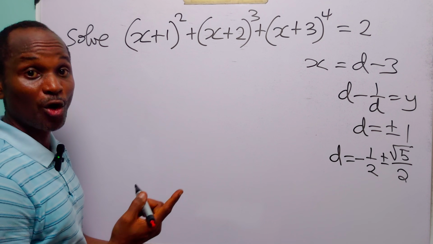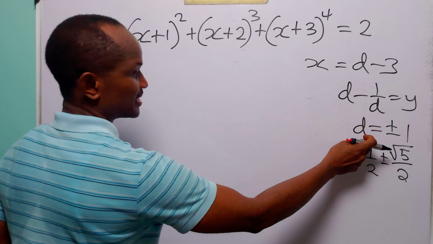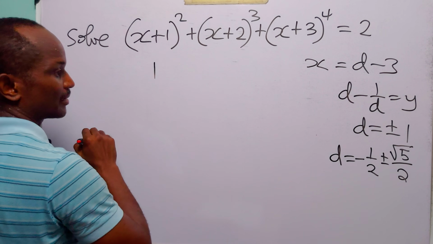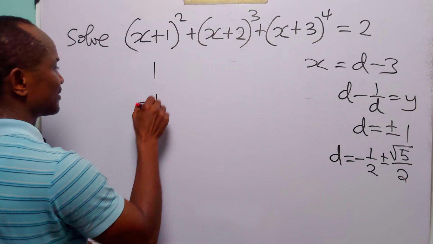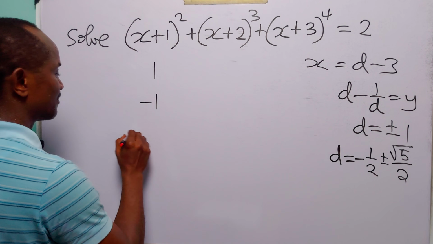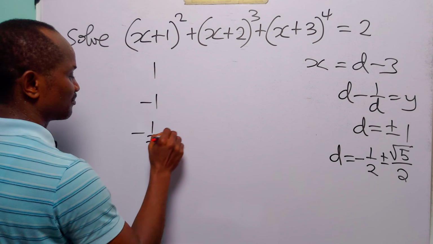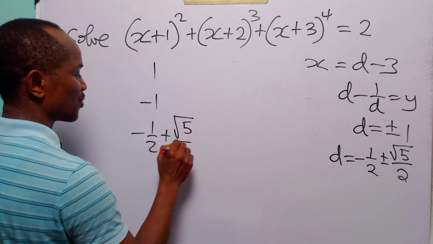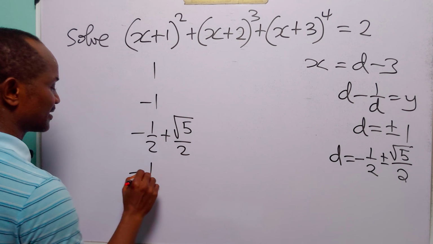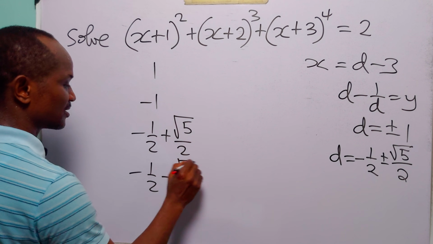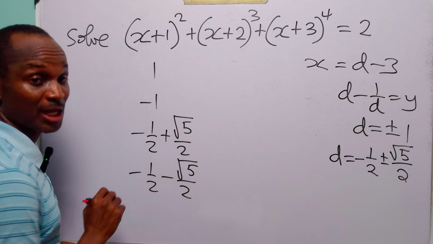And finally, we have four values of d. We have that d is equal to 1, minus 1, minus half plus root 5 over 2 and minus half minus root 5 over 2.